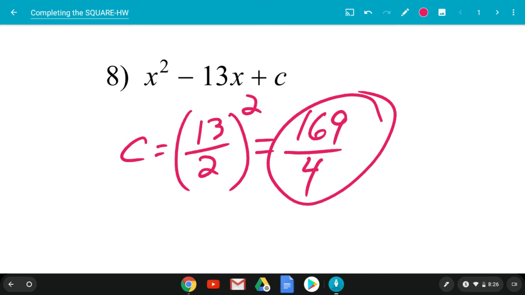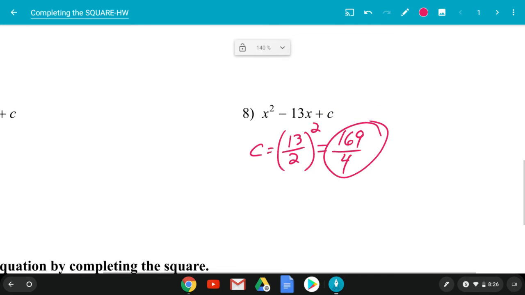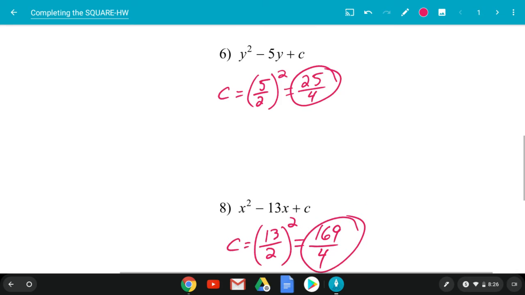Now, you're not going to have a lot of them that have odd numbers in the middle, but when you do, my suggestion to you would be to just leave it as a fraction. Okay? Here's why. Watch this. I want to go back to these two. We're creating this perfect square trinomial, y squared minus 5y plus 25 over 4, so that we can factor it quickly.